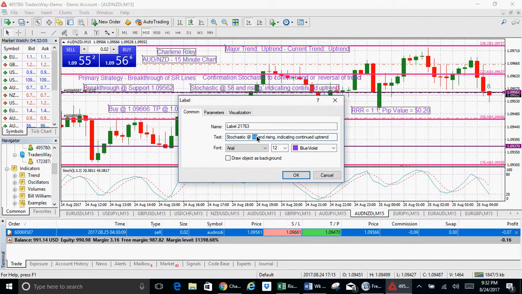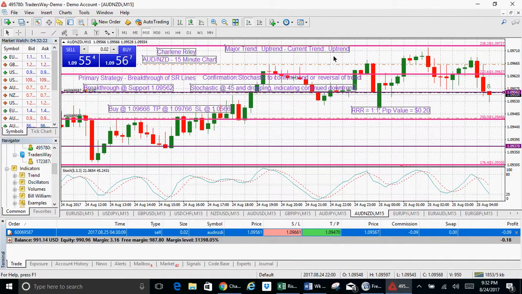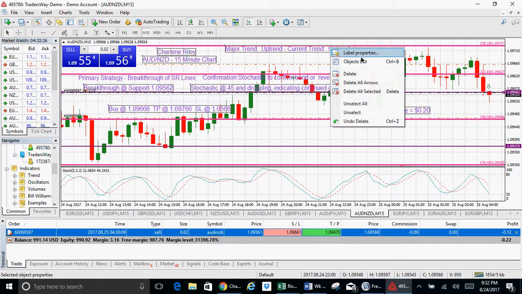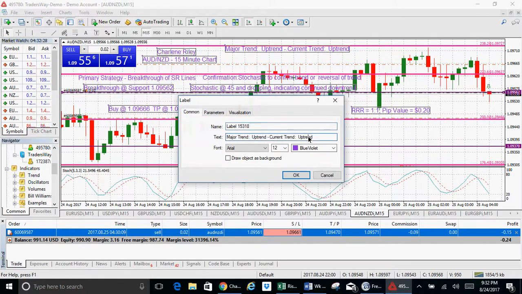Stochastic at 45 and dropping, indicating continued downtrend. The major trend is uptrend, and the current trend is downtrend.